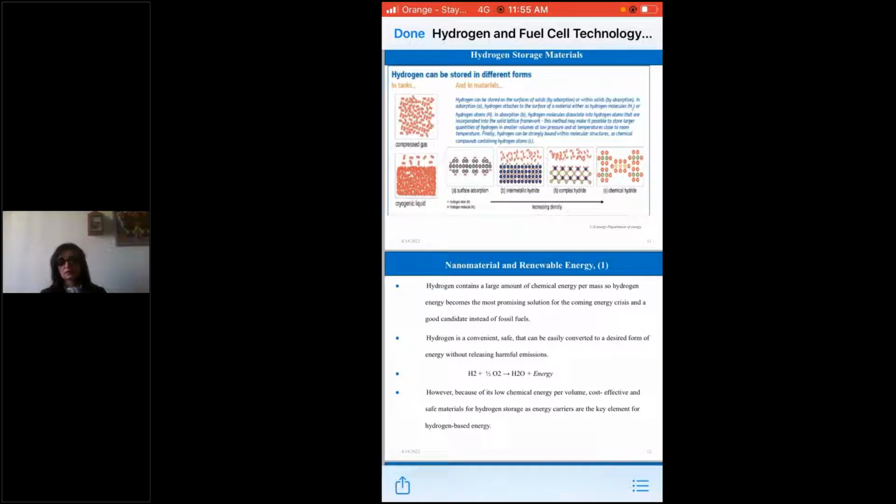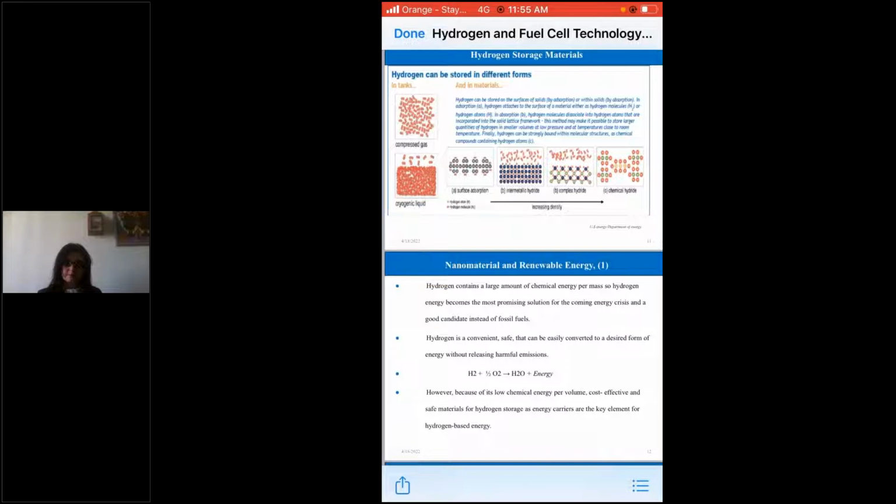But due to the very weak interactions between the hydrogen molecule and the adsorbent, thermal motions on the adsorbent surface can break that bond at ambient temperature. These materials are very good under cryogenic temperature because of the cooling, but the challenge and the reality is that it should work under ambient conditions.